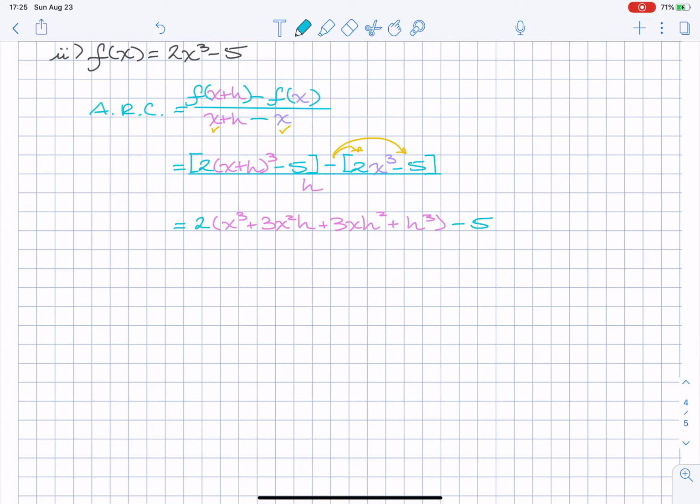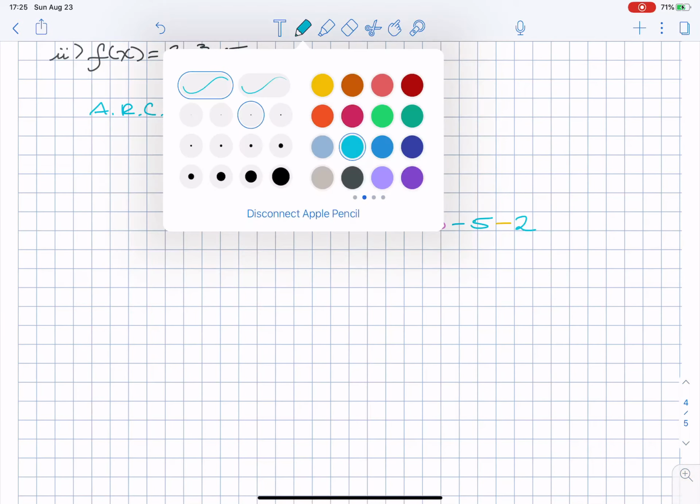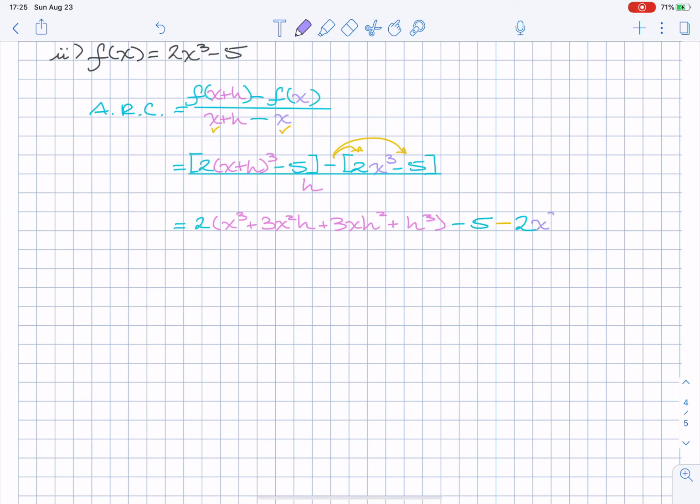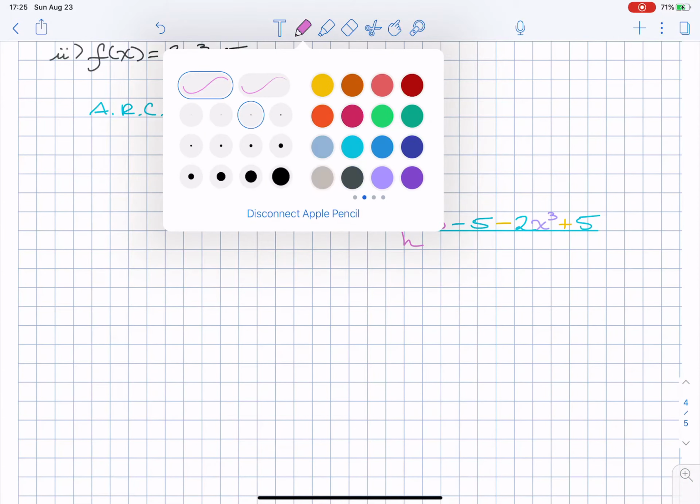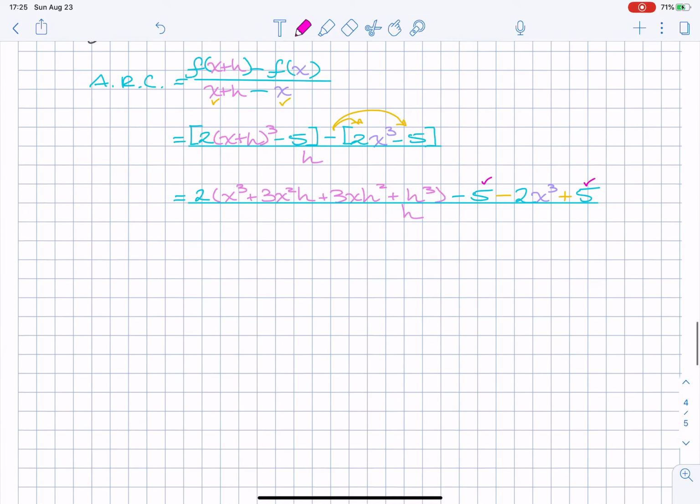This will now be minus 2x cubed minus a negative or plus 5 all over h. And we see right away that negative 5 and positive 5 can reduce.